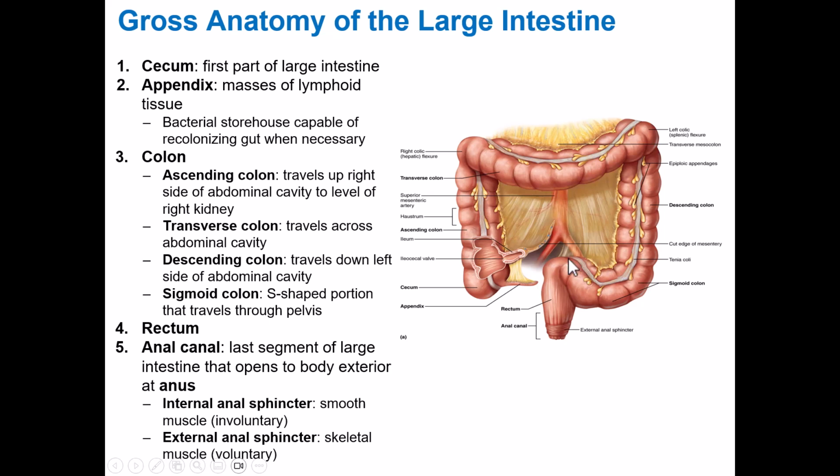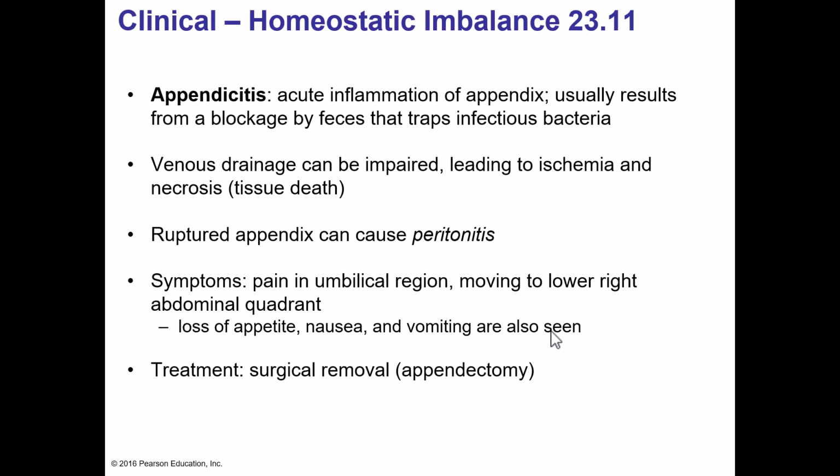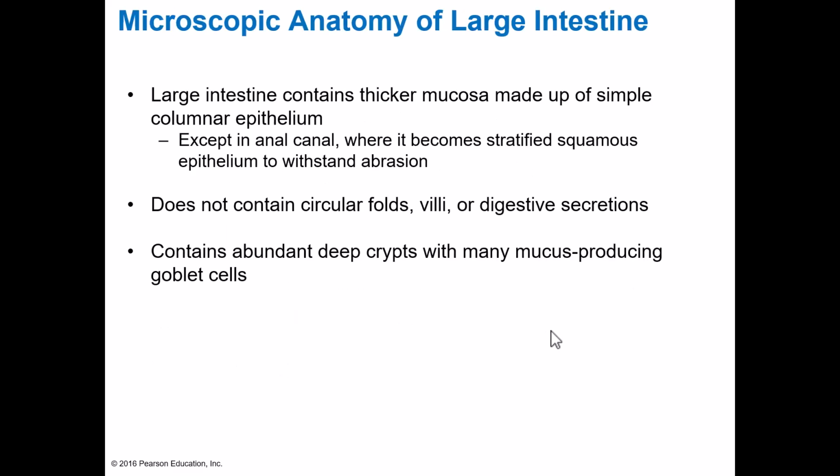Then we enter into the rectum, which is really the storage area for all of our undigestible wastes. When enough has accumulated, it will exit out the anal canal. And there are sphincters in there to help control that elimination process. We talked about appendicitis.